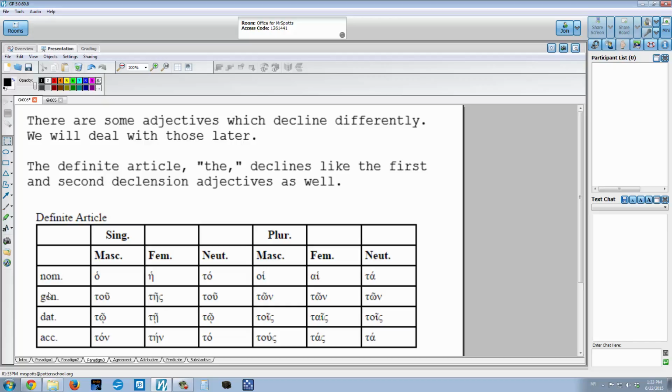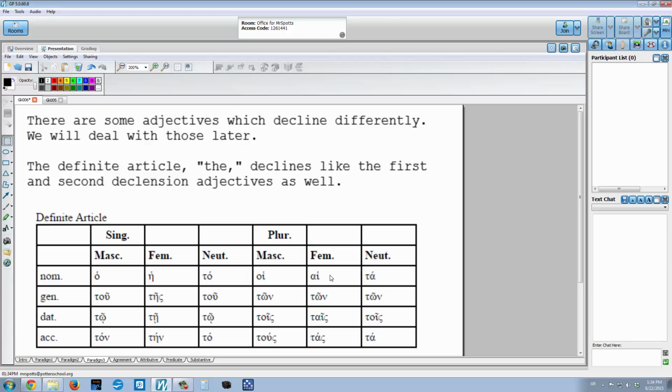You see, you learn the nominative and genitive singular to learn the gender, and that definite article will show you the gender. Notice the endings on these articles are just the same as the other adjectives. Some of the forms have a T at the beginning. Most of the nominative forms do not.